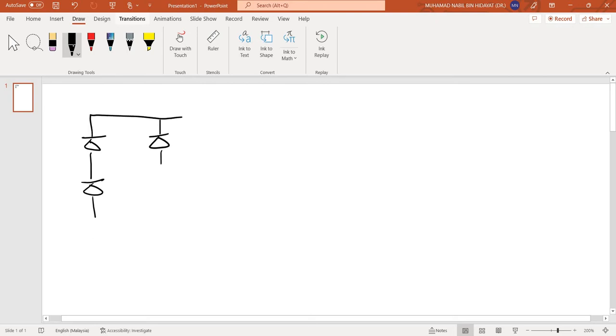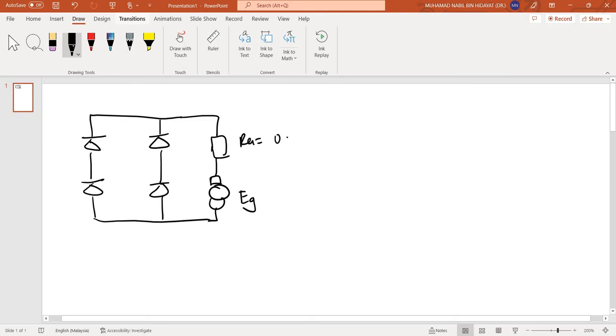So we just draw the converter, connected to the armature. RA is 0.06, and you have your VA.